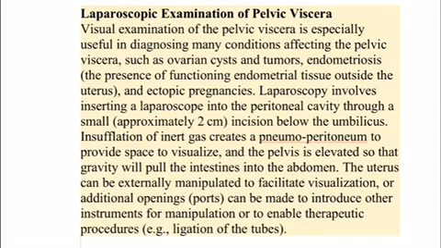The uterus can be externally manipulated to facilitate visualization. You could also have additional opening spots that are made to introduce other instruments for manipulation to enable therapeutic procedures like ligation of the uterine tubes to be done.